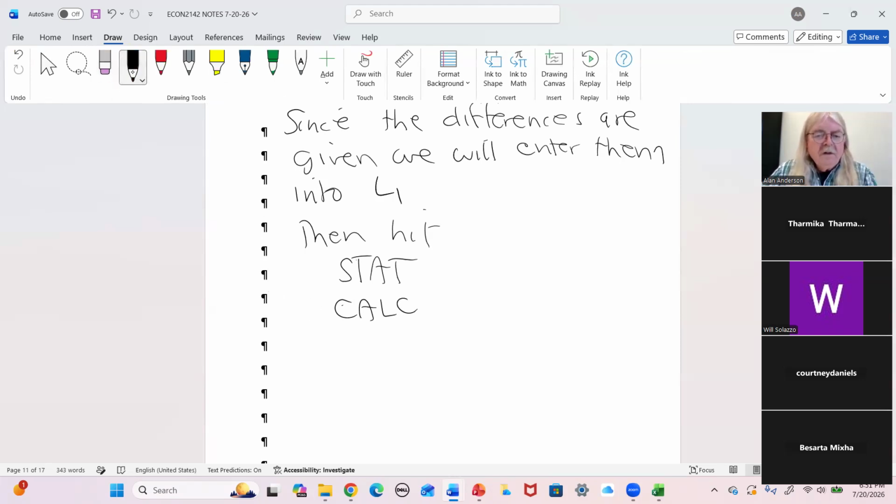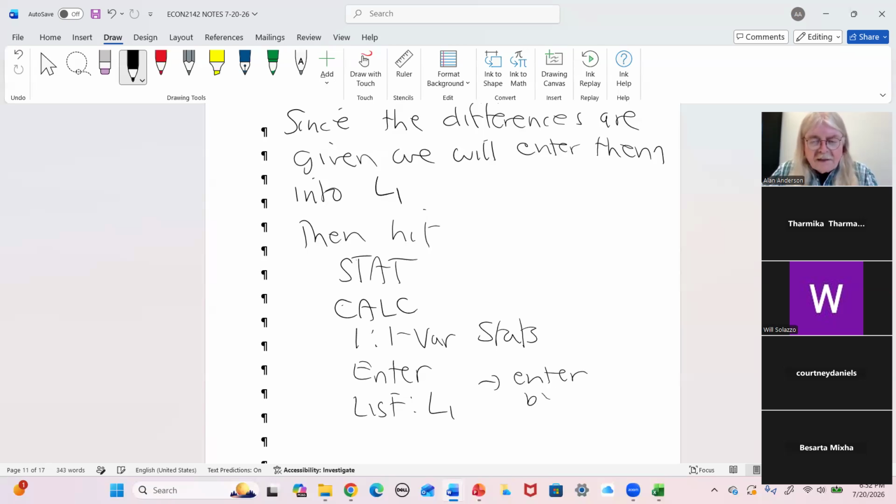And then the one you want is number one, 1-Var Stats. Enter. Now make sure it knows where you've put your list of differences. If it doesn't already say L1, you can enter it by typing second one. That will give you the L1.